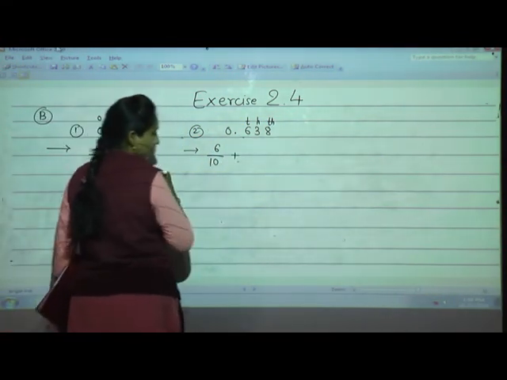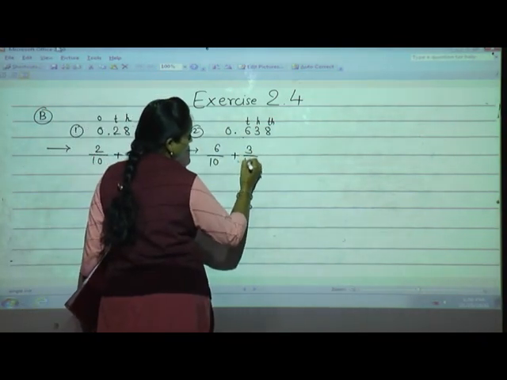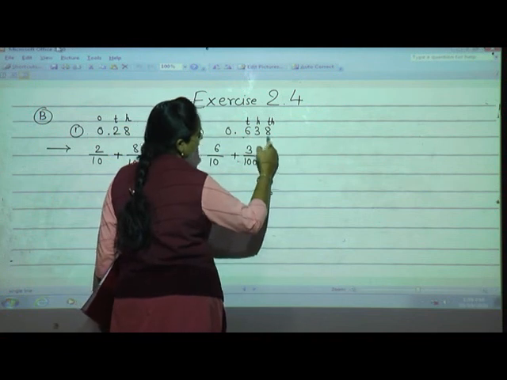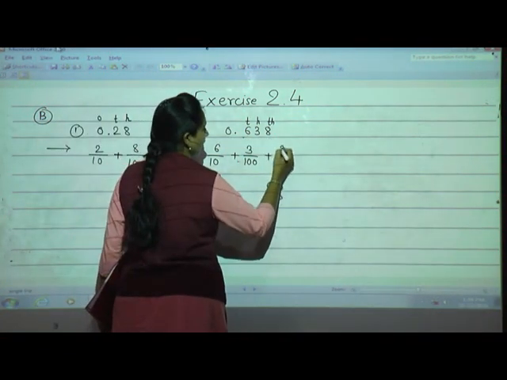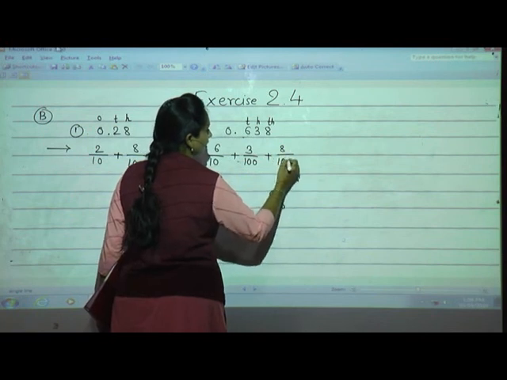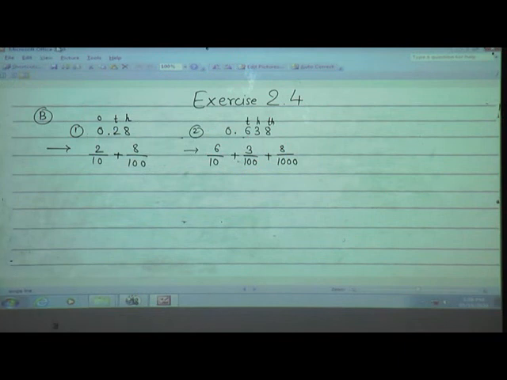Give the addition symbol, then 3 hundredths. So write 3 upon 100 plus 8 thousandths. So write 8 upon 1000. Are you getting? Yes? Clear? Yes. Very good. Now we will move to the next example.